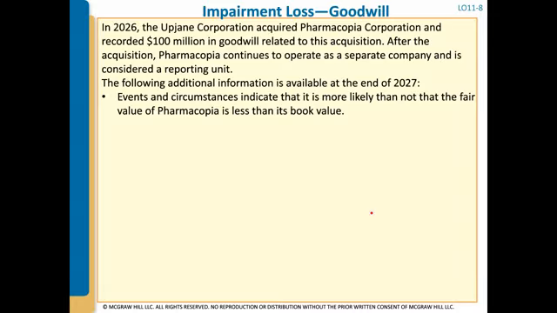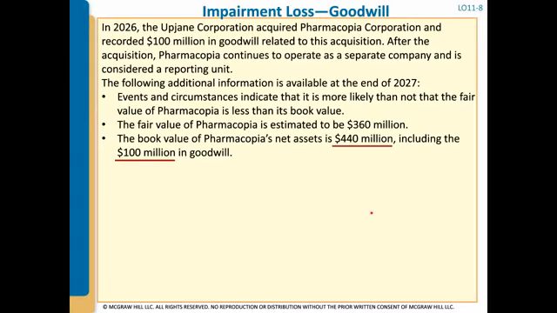Events and circumstances indicate that it's more likely than not that the fair value of Pharmacopoeia is less than the book value. The fair value of Pharmacopoeia is estimated to be $360 million, and the book value of Pharmacopoeia's net assets is $440 million, including the $100 million in goodwill.